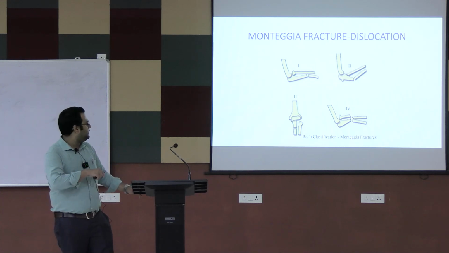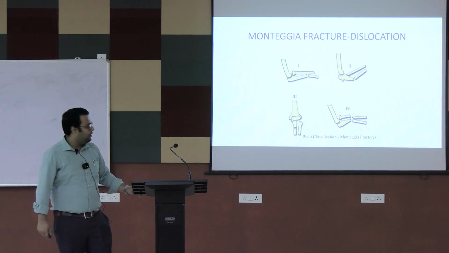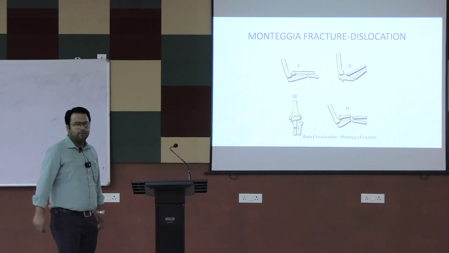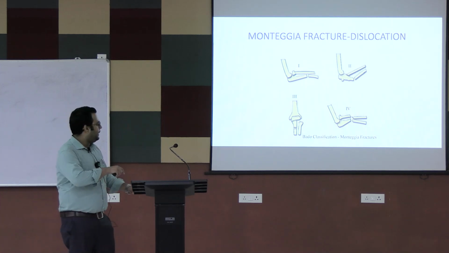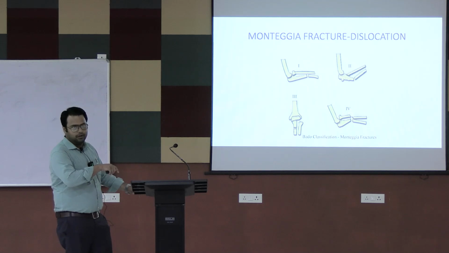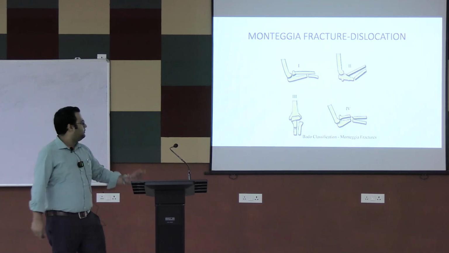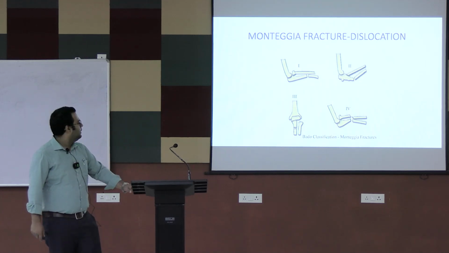The third one is radial tilt of the angulation of the fractured shaft of ulna along with lateral subluxation of the radial head, it has gone lateral, as you can see. The last one is fracture of both bones in the proximal part along with dislocation or subluxation of the radial head. So there are 4 types in this Bado classification.